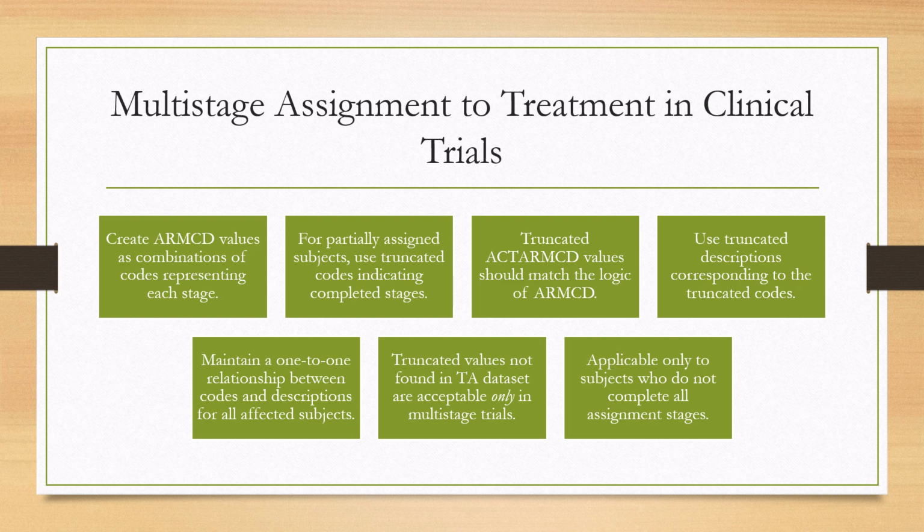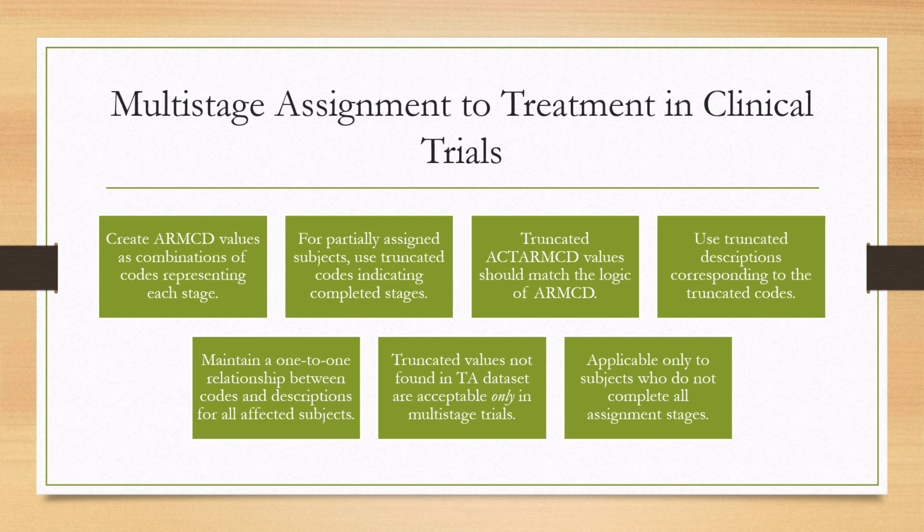The truncated actual arm CD value should match with the logic of the arm code. For the arm and actual arm description, we should use the truncated descriptions corresponding to their truncated code. We should ensure that a one-to-one relationship is maintained between codes and their descriptions for all the affected subjects.